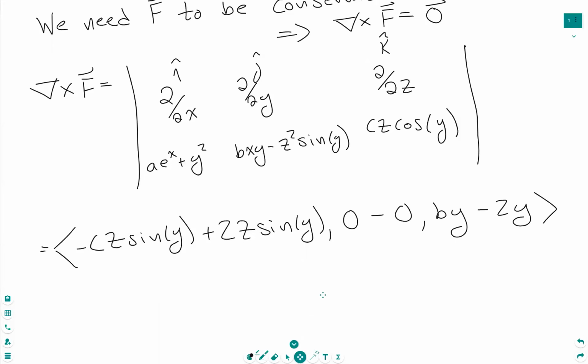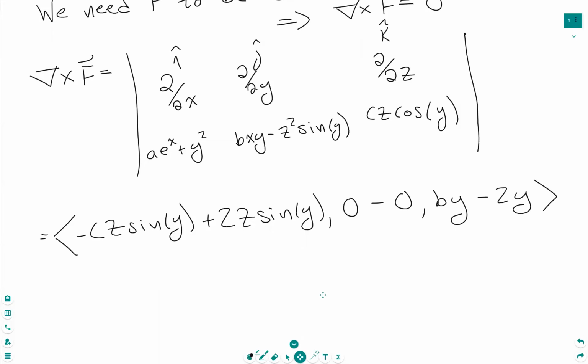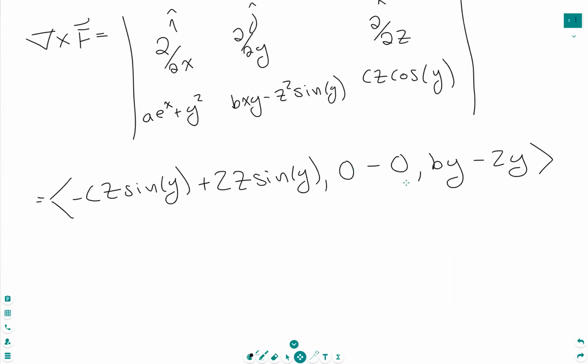Okay. So in order for F to be conservative, we need the curl to be the 0 vector. So take a look at this. Well, we have 0 already in this element, but the first element and the third element are non-zero unless, it looks like, if c is equal to 2, then these two terms cancel. And over here, if b is equal to 2, these two terms cancel.